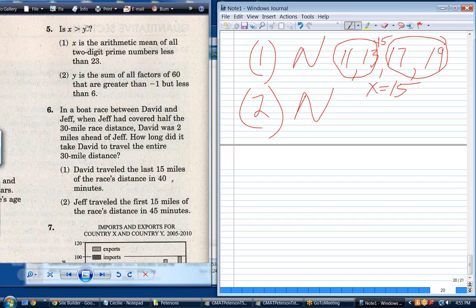Yes, we can. Then the answer would be no. So it doesn't matter what number this comes out to be. Whatever number it comes out to be, I'm going to be able to answer is X greater than Y. If this comes out to be 15, the answer is no, but I can answer it.